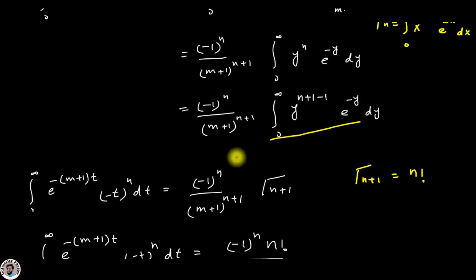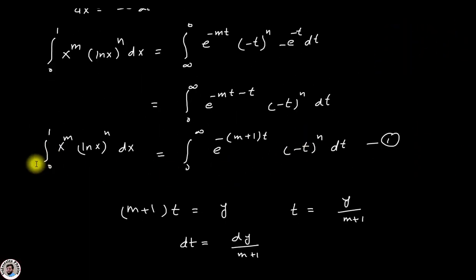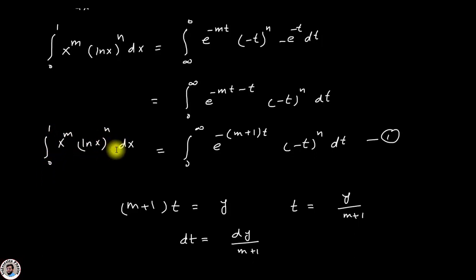Now, according to equation number 1, this term is equal to the integral from 0 to 1 of x to the power m (natural log of x) to the power n dx.